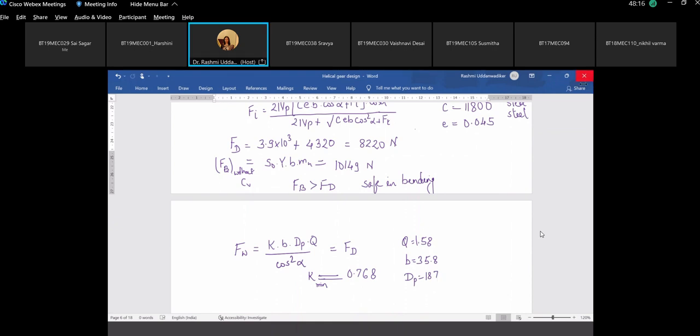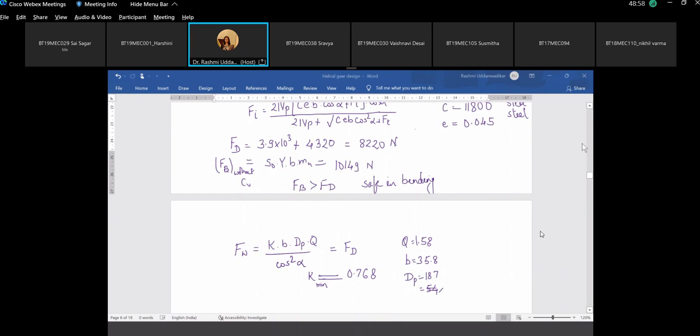How many number of teeth on this gear? 54, and 54 into 3. Mn is 3. What is the value of DP? Pitch circle diameter, into cos phi. Okay, it will come in decimal. And Q is 1.58. Alpha is given as 30 degrees. FD is 8220.